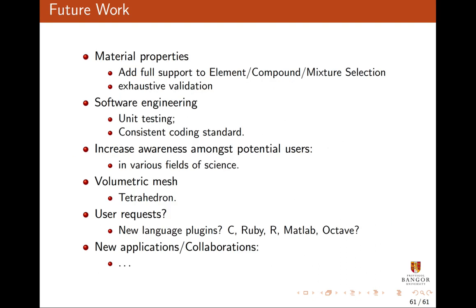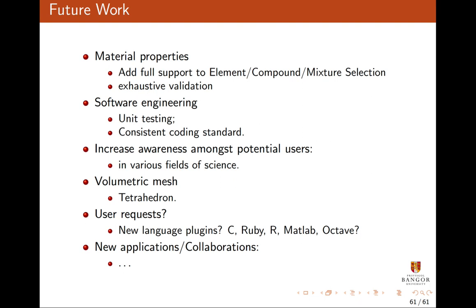Future work, well, I want to add more features so that it's easier to have compounds and mixture selection for the materials, add unit testing so that we show that the library is robust, add a bigger user list, maybe work with volumetric meshes for tissues, like in medicine, because, well, we know that bones are not homogeneous, for example.